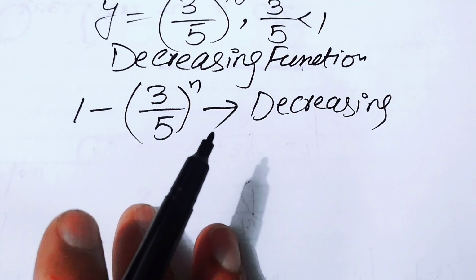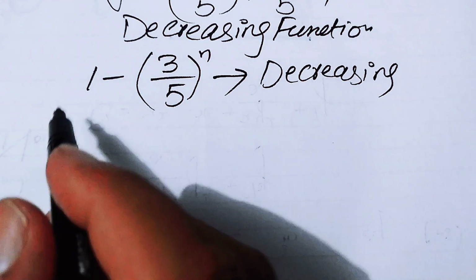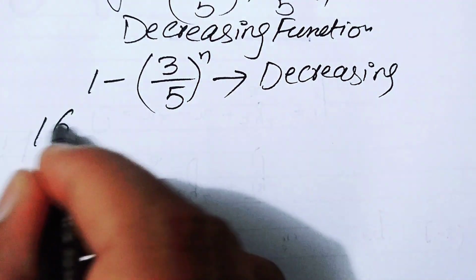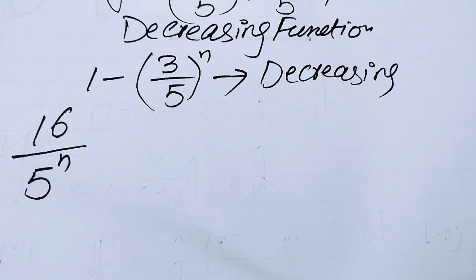Similarly, now you can focus on the right hand side, and in the right hand side you have 16 over 5 to the power of n.